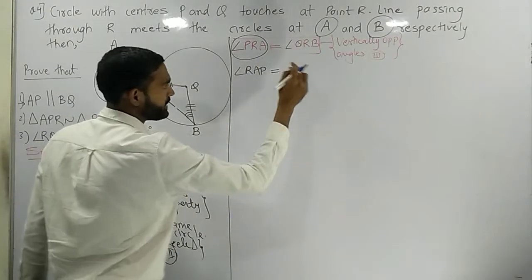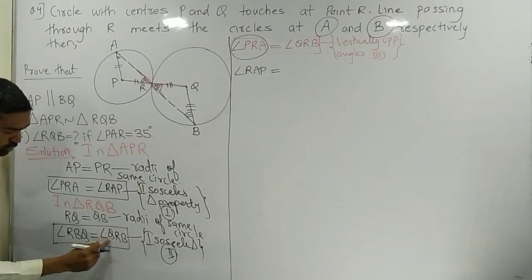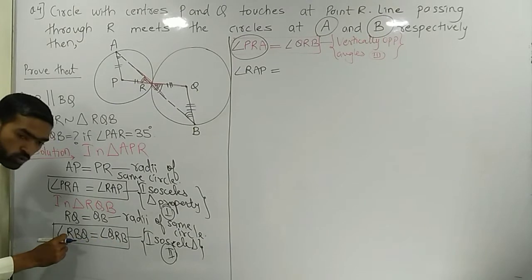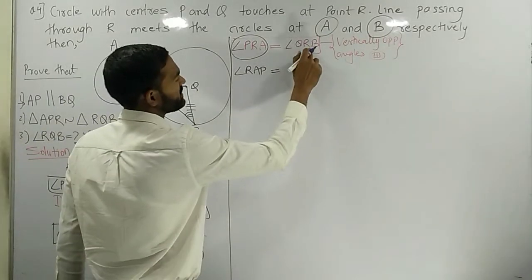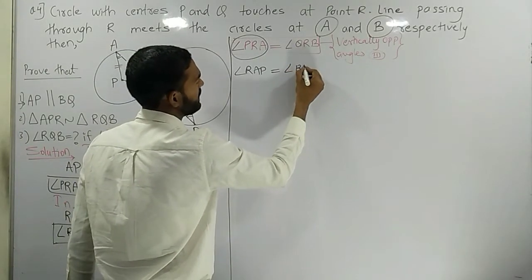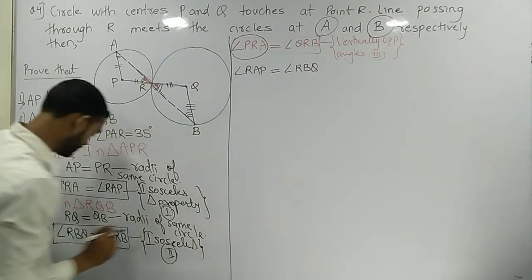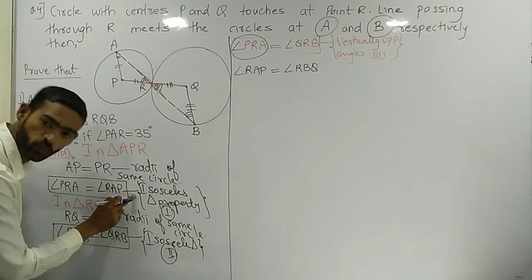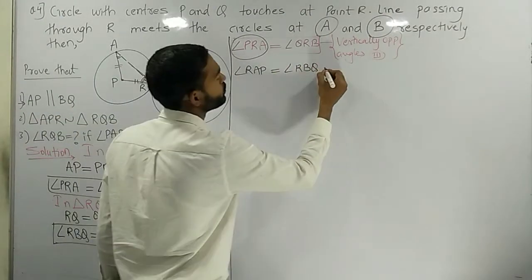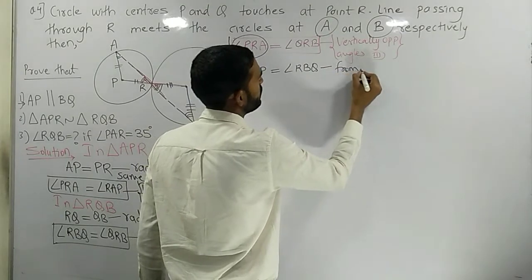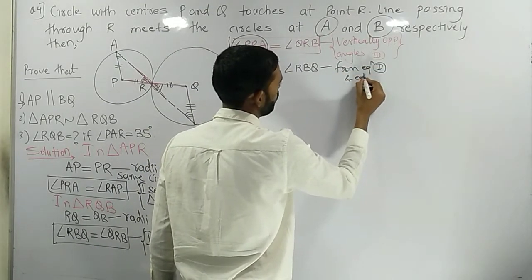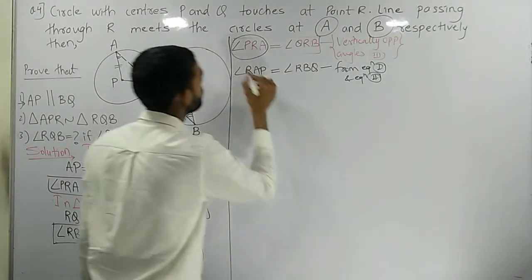Similarly, QRB, back to equation number 2: QRB was equal to RBQ. So instead of this, I can write angle RBQ. We got this from equation 1 and equation 2.